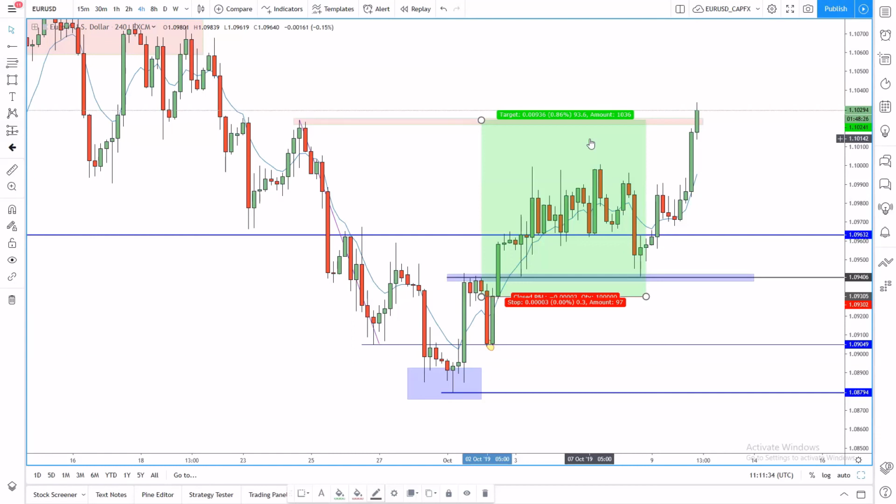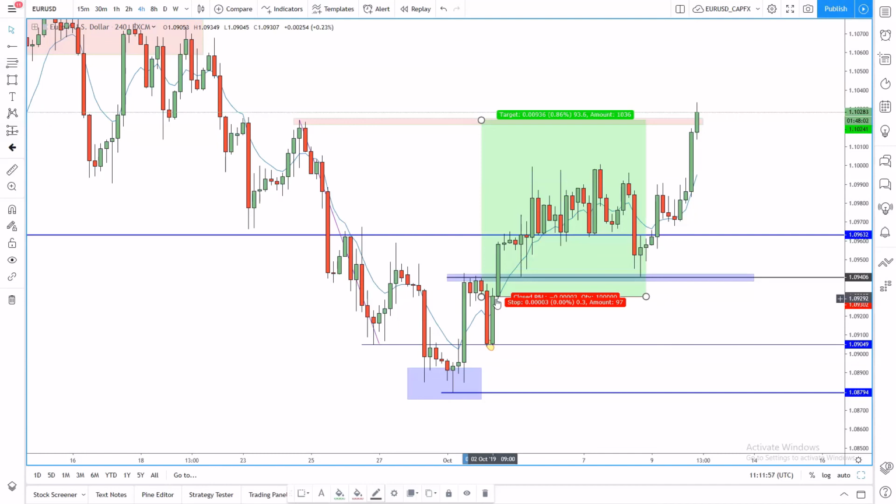Just to go over the pointers, in the before shot, these gave me the reasons to take this trade. Number one, we had a head and shoulders pattern. We had price giving us the right shoulder, and then we waited for a 4-hour candle close to give us further signs of taking the trade.